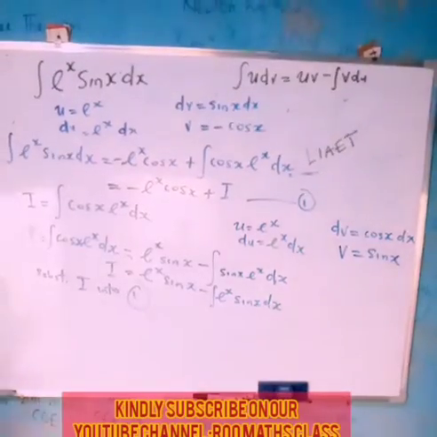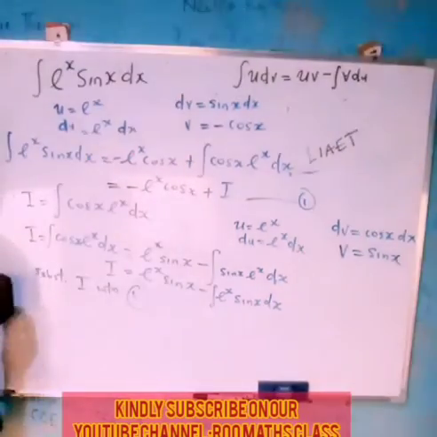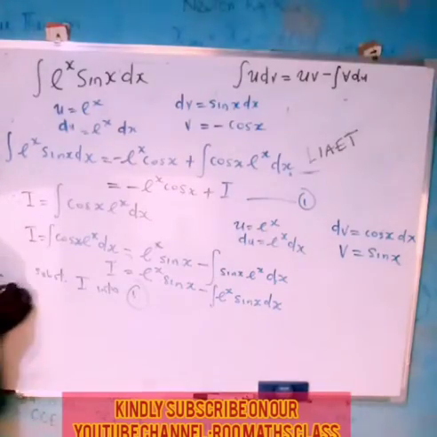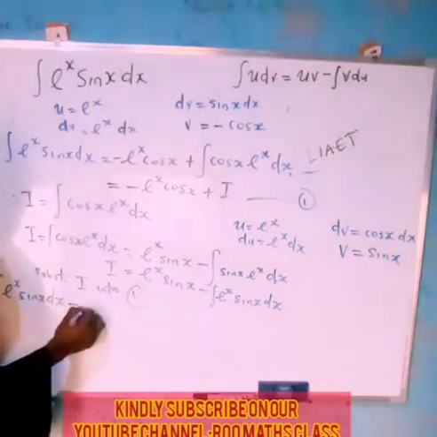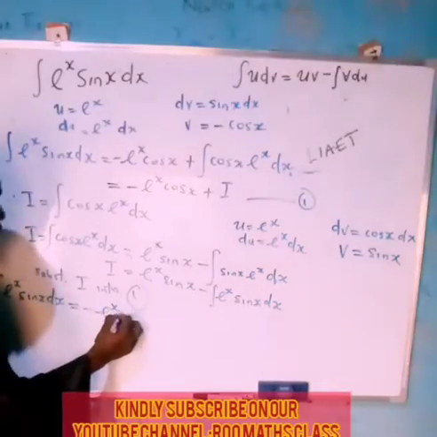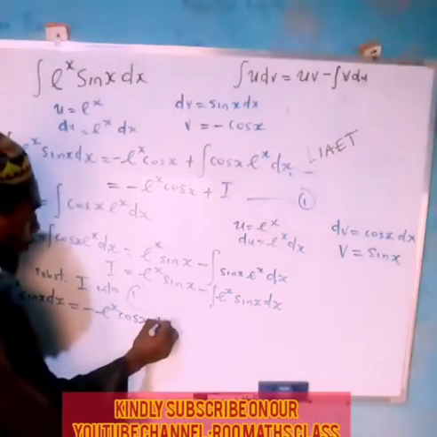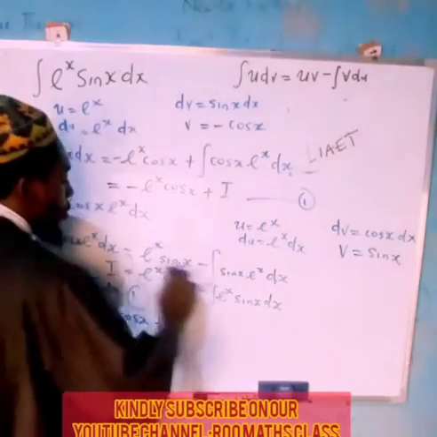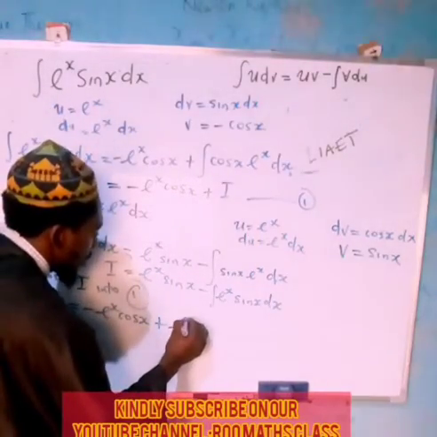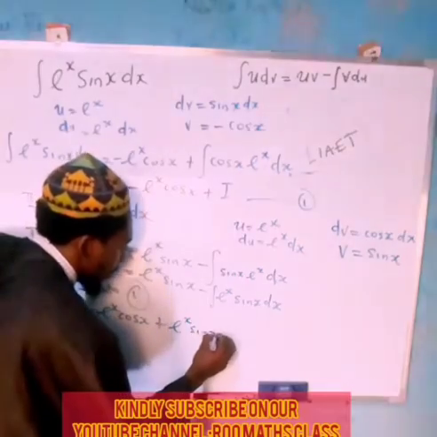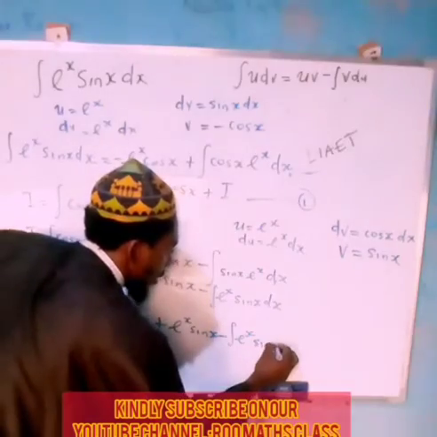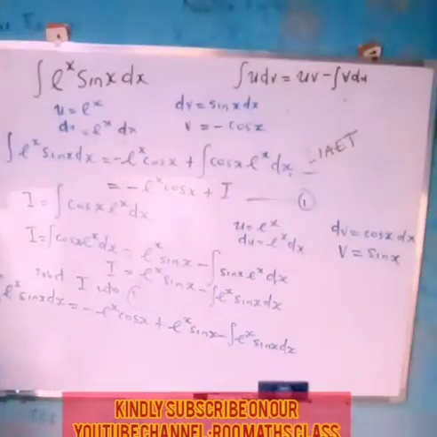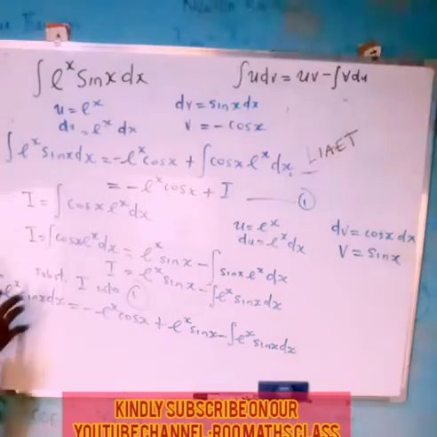As you can see, our equation 1 is given as this: the integral of x exponential x sine x dx equal to minus exponential x cos x plus our I, which is exponential x sine x minus the integral of exponential x sine x dx.